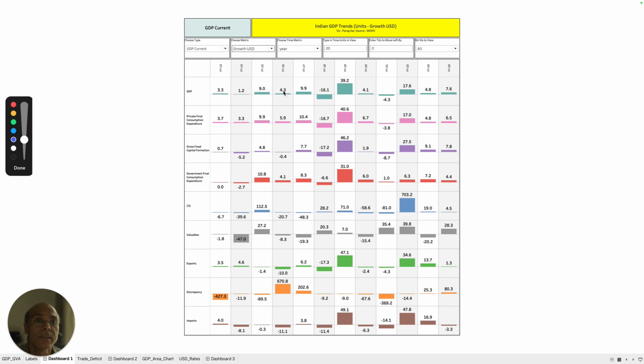It was 9%, then it went a little down, and then it was 9.9%, and then it went down by minus 16.1%, then basically it went up to 39.2%. But in FY23 and FY24, because of this discrepancy factor which I showed you, we can ignore this FY22 number because that is a distortion because of the COVID year.